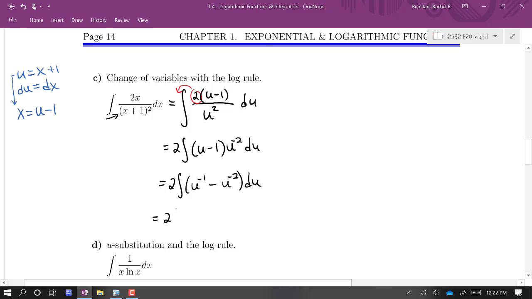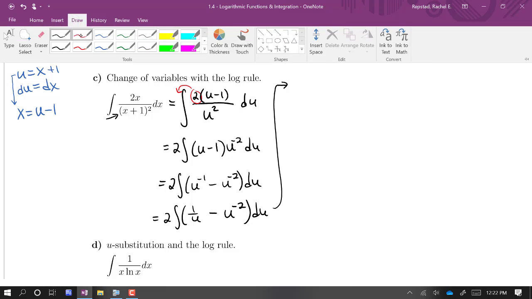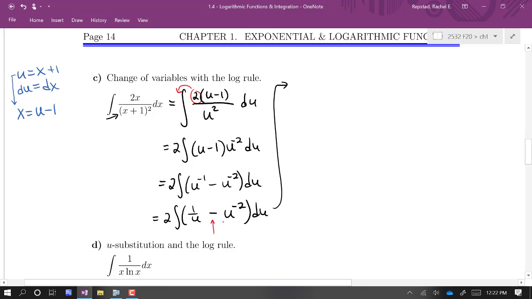I'm going to rewrite this. I've got 1 over u minus u to the minus 2. It might seem odd that I've kept the negative exponent in one term and not in the other, but it's because of the integral forms. So the next thing I'm going to do is split up this integral, because these are two different types of integral forms.